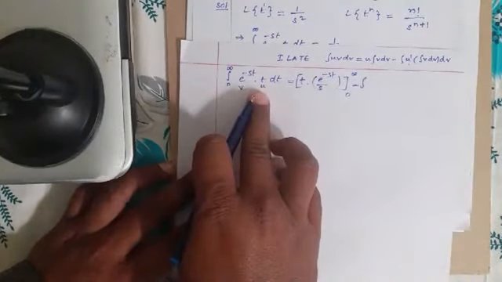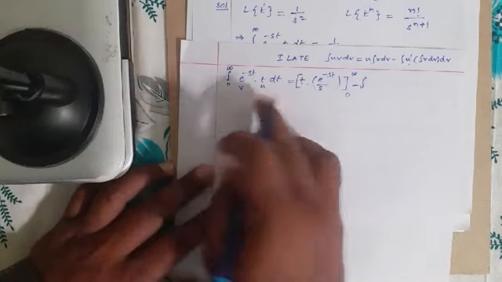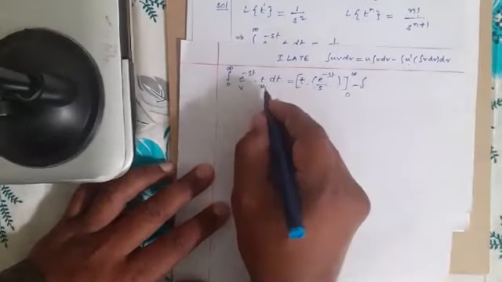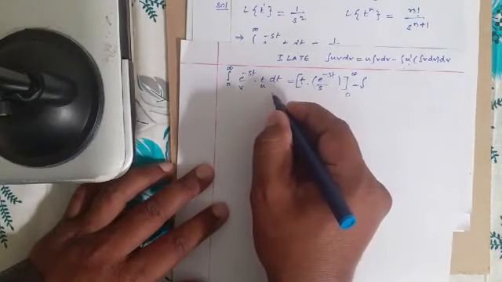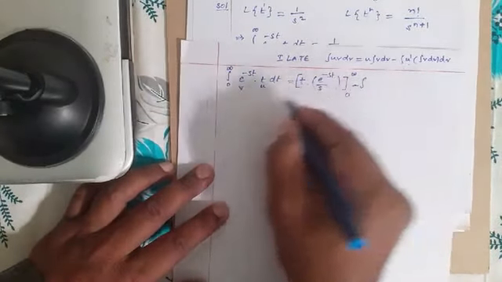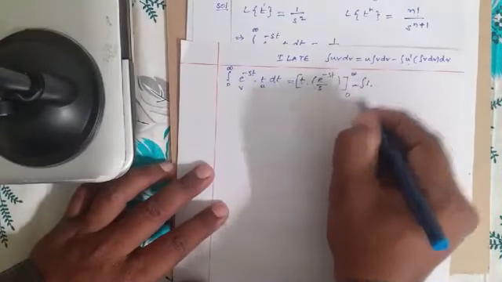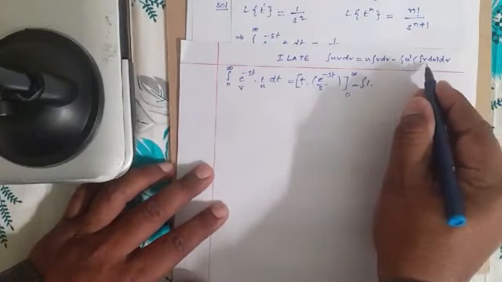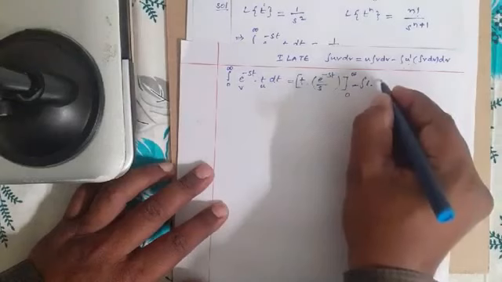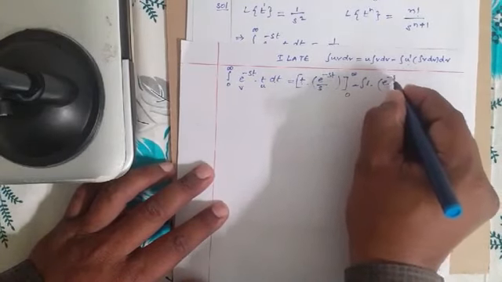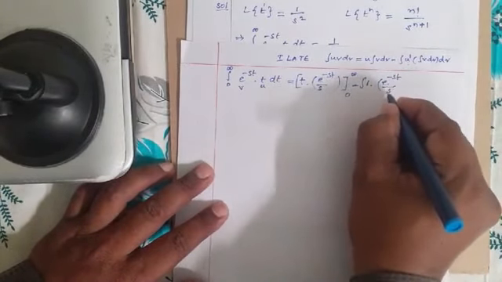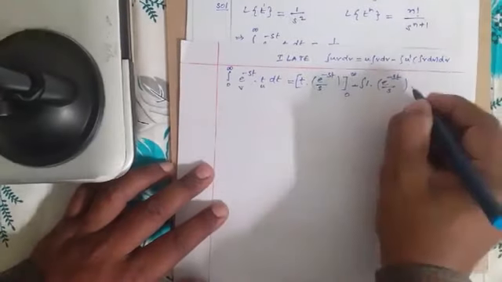Here u is t, and you are differentiating with respect to t. The derivative of t with respect to t is 1, so I write 1 into the integral of v, which is e power minus st upon minus s, and then we write dt.